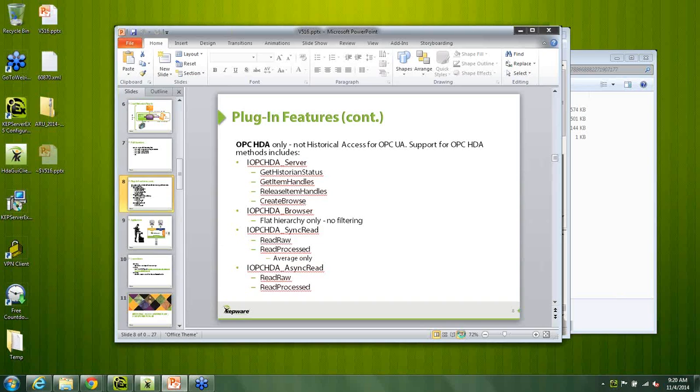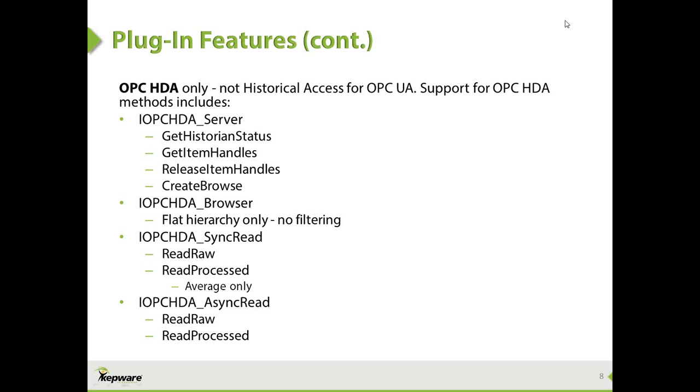Now, for any OPC HDA experts or general experts out in the crowd here, this data that I just showed you can be accessed and viewed via any client software that supports OPC HDA. So it has to support HDA. It's not historical access for UA, and it's not OPC DA. It's HDA only. And if you're an expert out there, OPC HDA methods that we support include the following list.